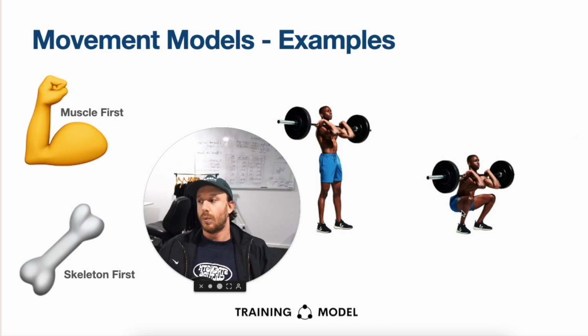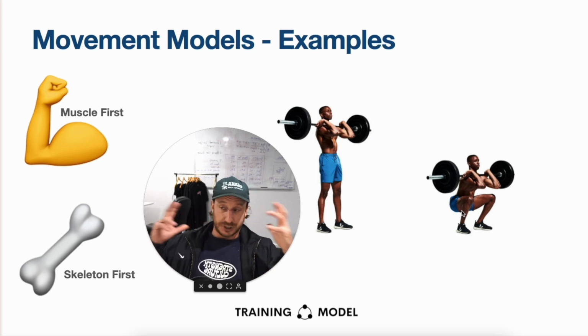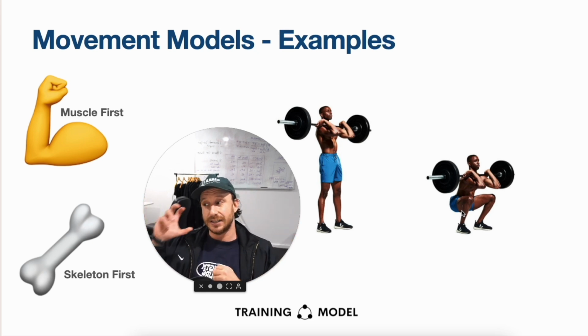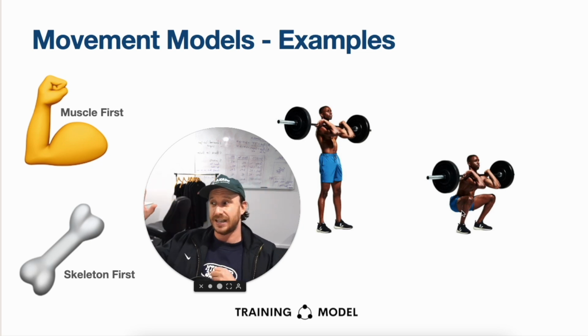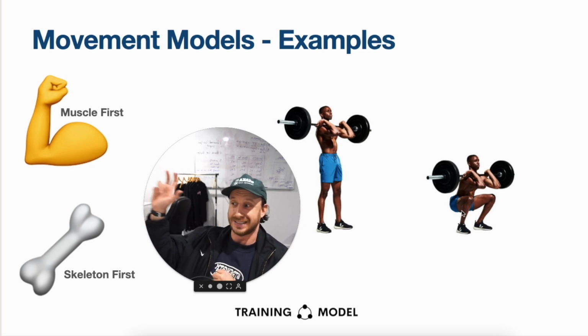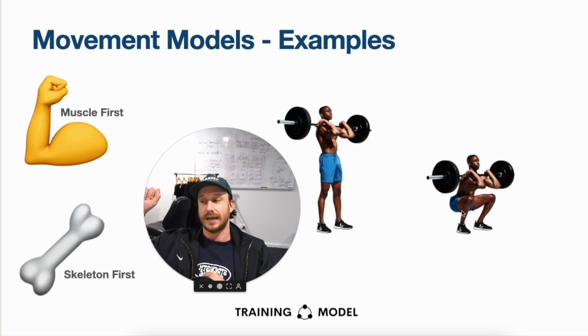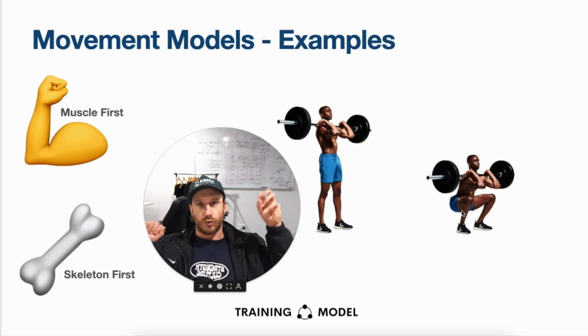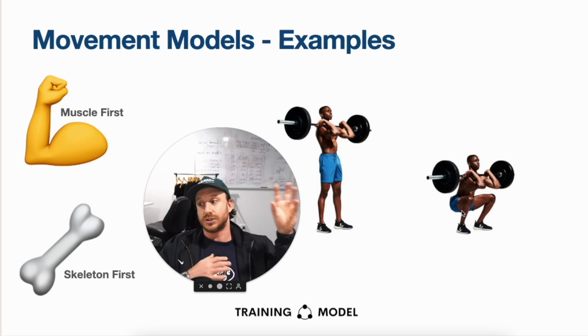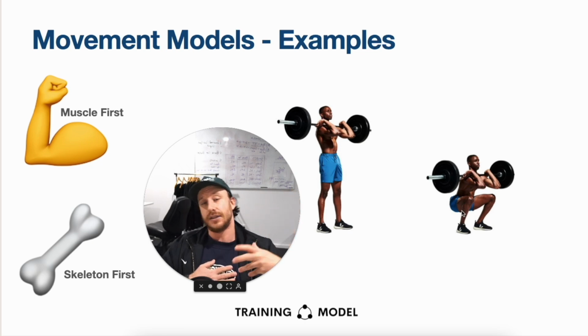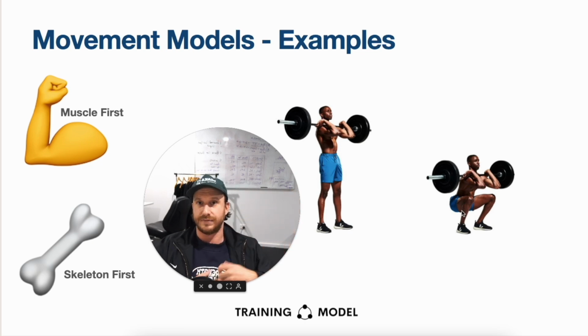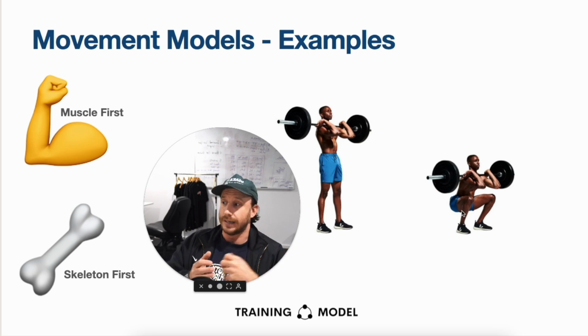So we can view the squat as just a squat. We can use a muscular lens, a traditional hypertrophy-based, tension-based model of muscles and joints and levers, which is great for certain applications. Or we can use this gravity, skeleton first lens, where muscle is reactive to the tasks and the constraints of the movement, what we've done, how we've set things up, and the cueing.